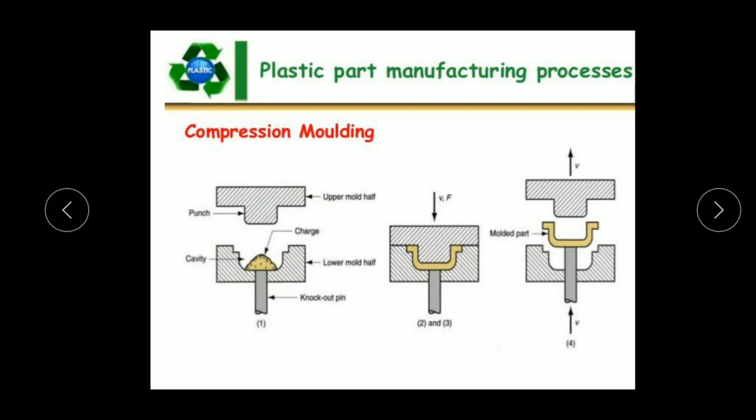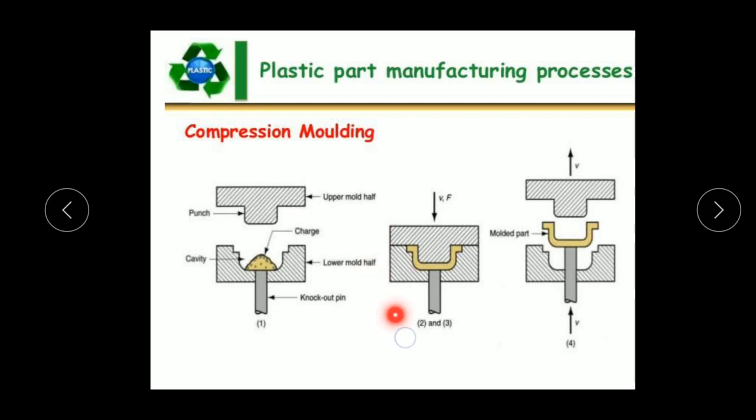There are two mold portions, the upper mold box and the lower mold box. The upper mold box is also called a cope or punch, whereas the lower mold box is called a drag, which are designed as per the required shape and size of the component.